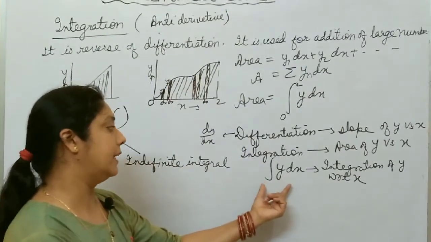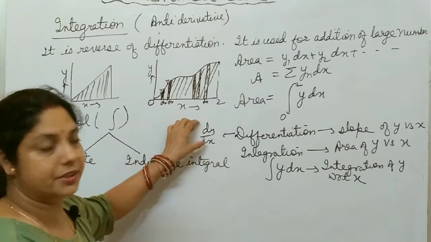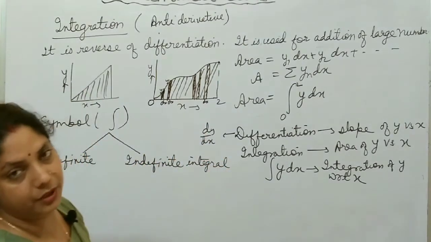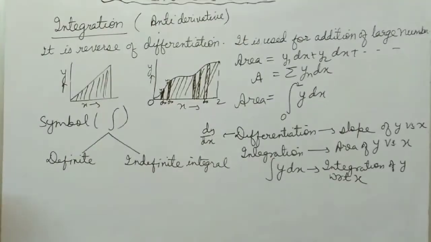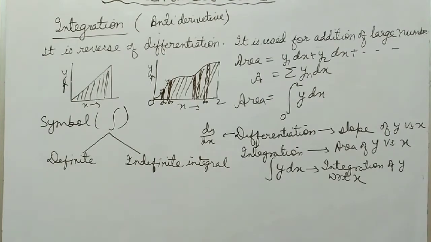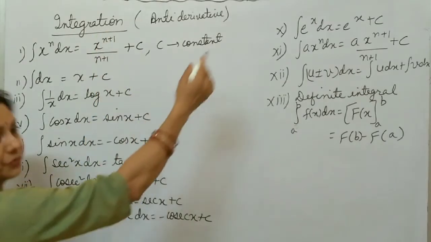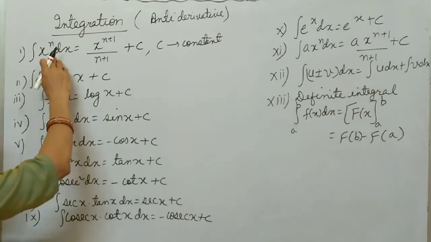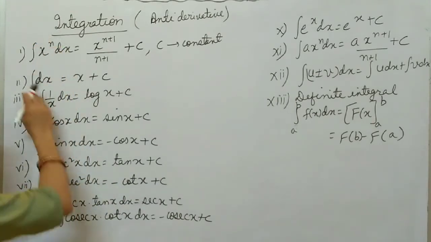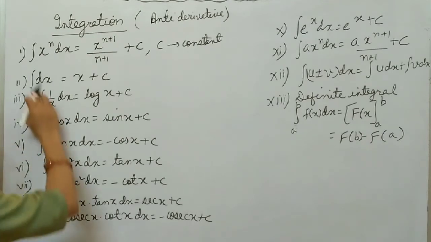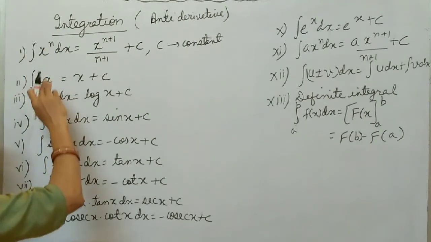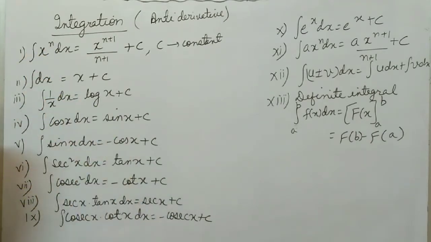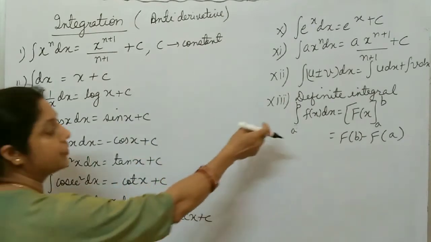To integrate anything, again like differentiation, you have to remember some formulas. I'm going to write all the formulas for integration. All these are indefinite integrals because there is no limit from where to where. For a definite integral there is some limit, and I will discuss that after this.